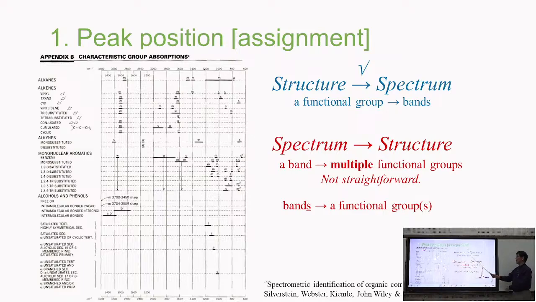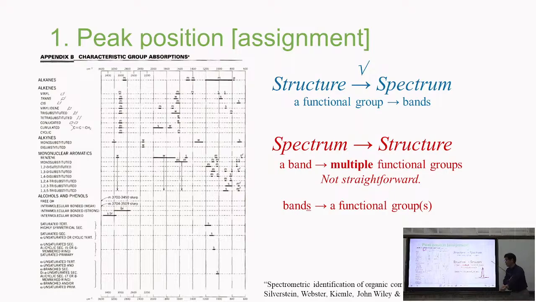That is, multiple functional groups may give a band at a similar position. So the discussion of the structure from the spectrum based on only one band is not safe.